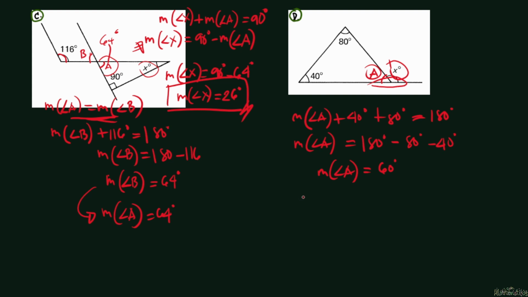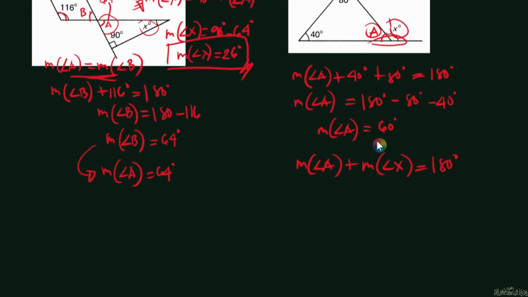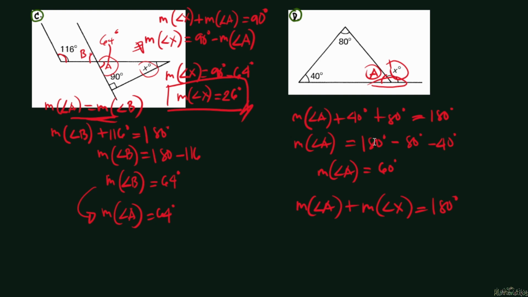or they will make a straight line. So the measure of angle A plus the measure of angle x is equal to 180 degrees. So our x is simply, we have here the value of A, which is 60 degrees.